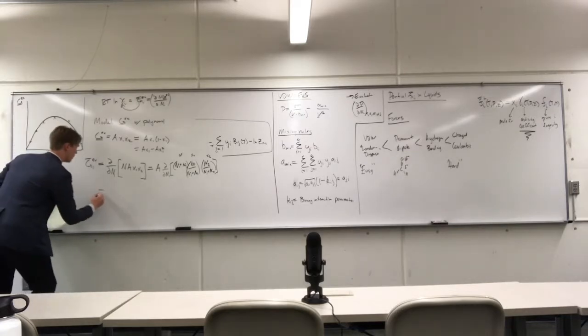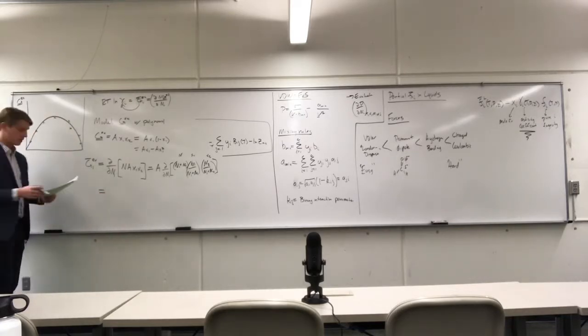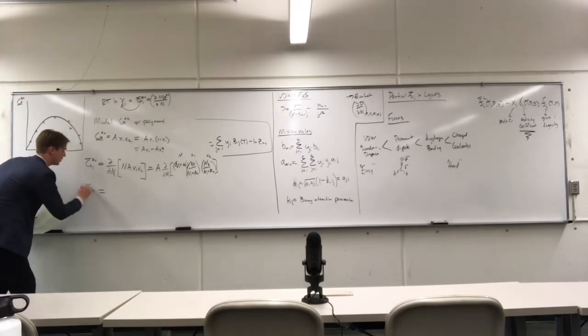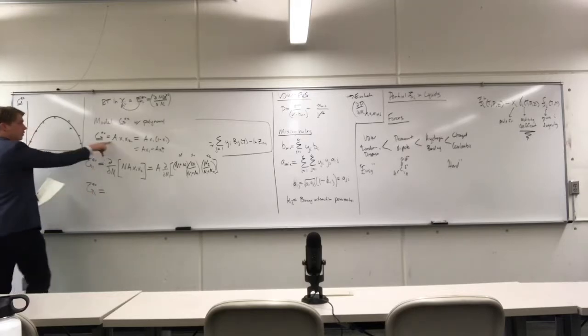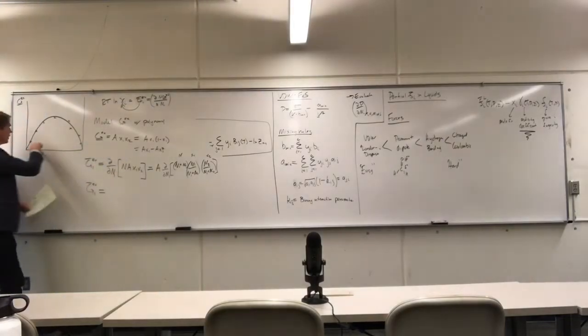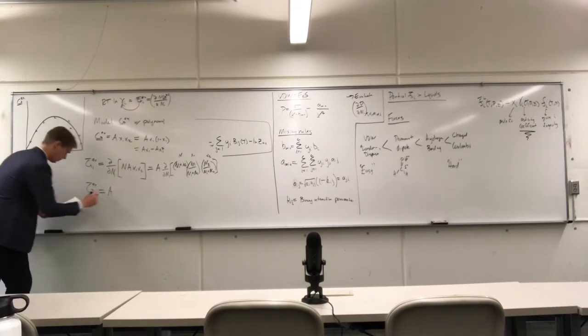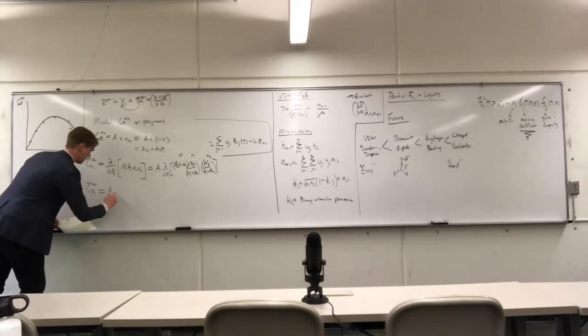So I'll skip over the mathematics in the interest of time, and we'll get to our conclusion that the partial excess Gibbs for component 1, if we model the excess Gibbs as a parabola, simplifies down to a nice convenient expression.